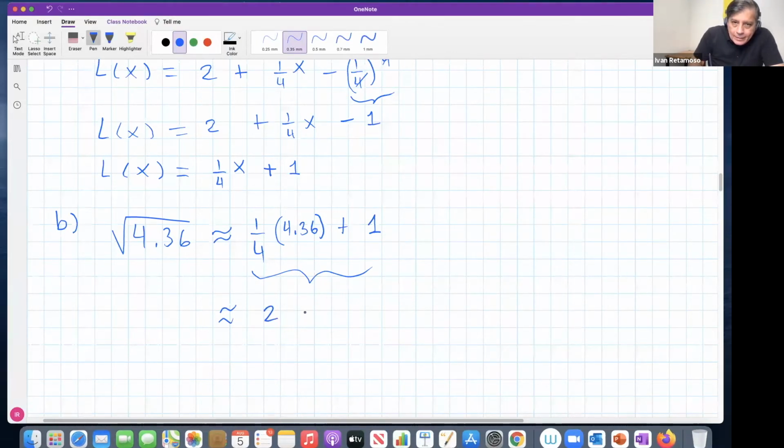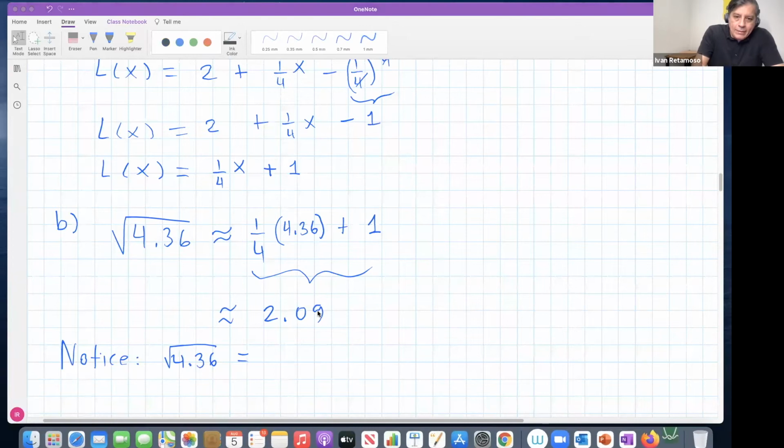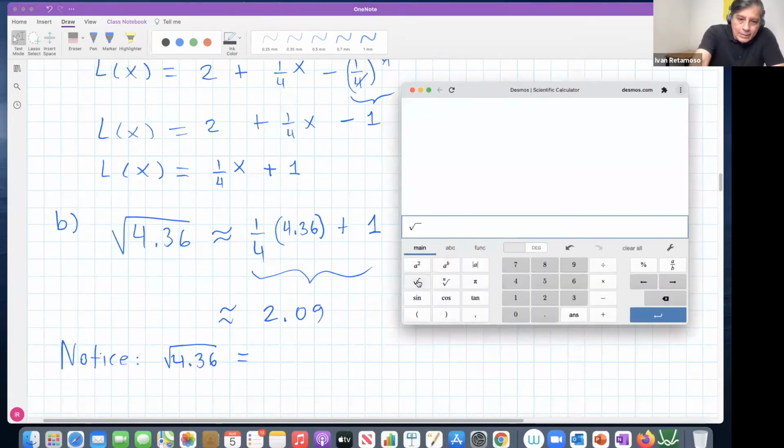And now, guys, I want you to notice the following. The square root of 4.36 computed exactly using our calculator is 2.08806. This is in reality what the output value for input value 4.36 is using the function itself.